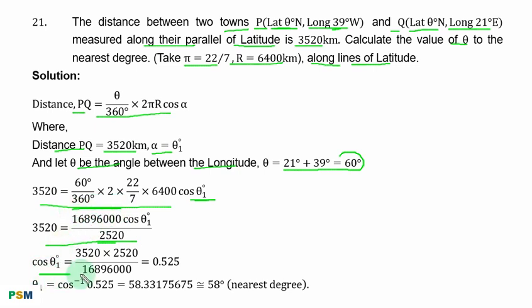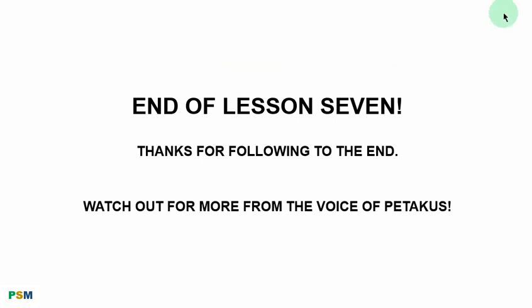You have it in this form, and that is 0.525. To get theta, that is the angle of latitude, take the inverse of cosine of both sides in this form. Let's add a bracket here, and when you evaluate this, you have this result. To the nearest degree, you have 58 degrees. End of lesson 7.